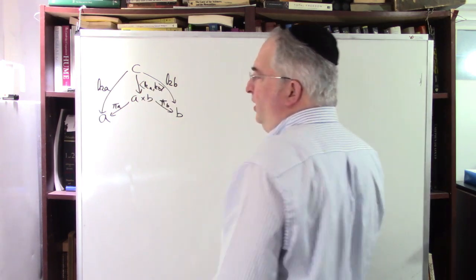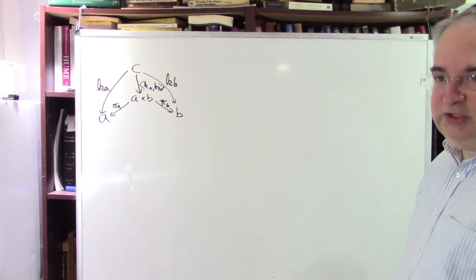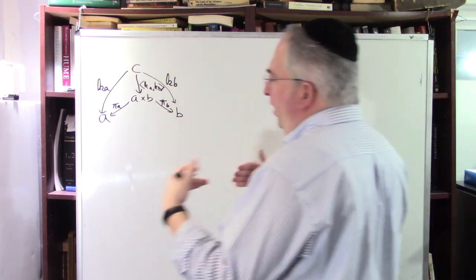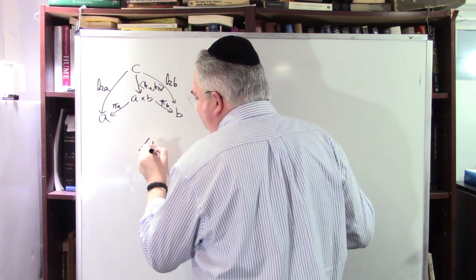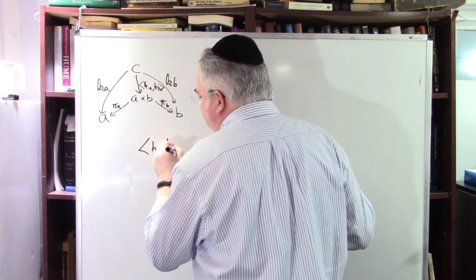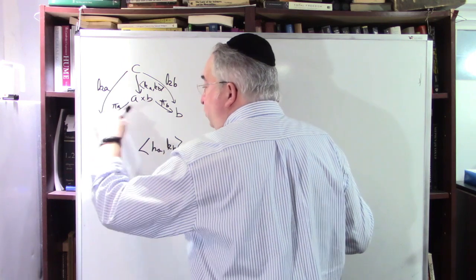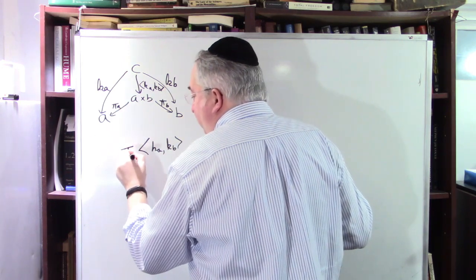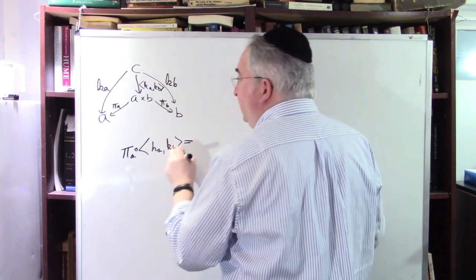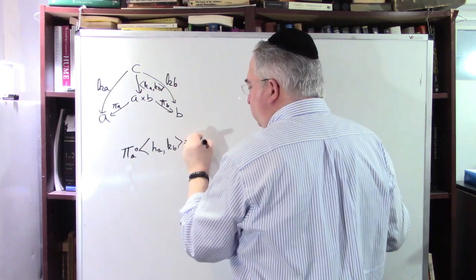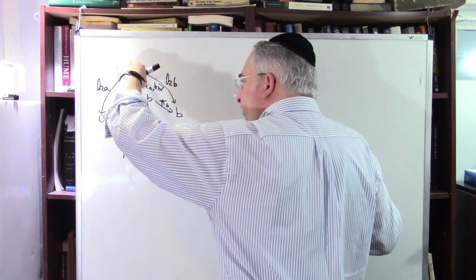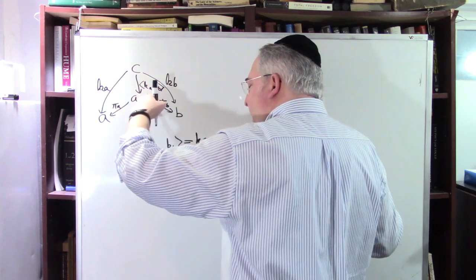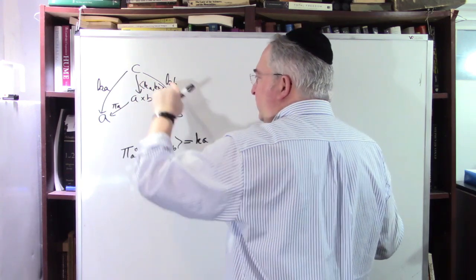Now, I saw this before, but what I want to stress is one thing: if you have the pairing KA comma KB and you do the projection PA, so that's composition, it's equal to KA. Same thing this way: this bracket followed by the projection is equal to KB.